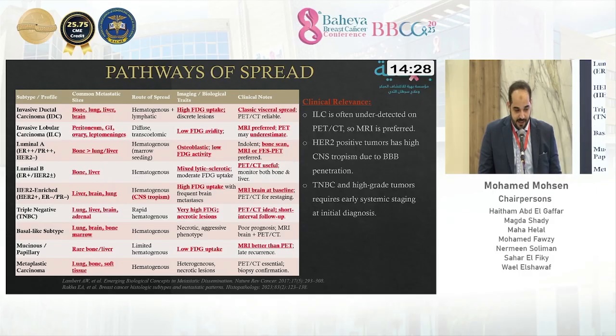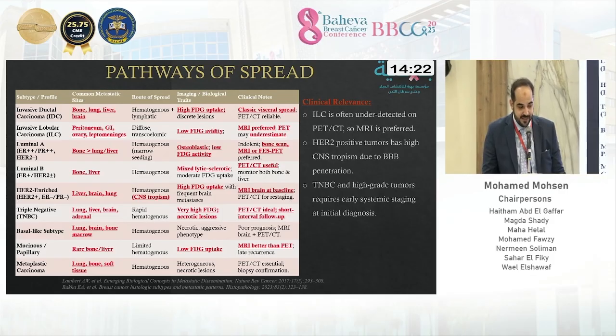This table summarizes the different pathways of spread of different subtypes and hormonal profiles of breast cancer. The invasive ductal carcinoma has a classical spread with a high FDG uptake, so PET-CT is reliable, while the invasive lobular carcinoma tends to have peritoneal, GIT, ovarian, and leptomeningeal metastases with a characteristic low FDG avidity, so MRI is preferred, as PET-CT may underestimate.